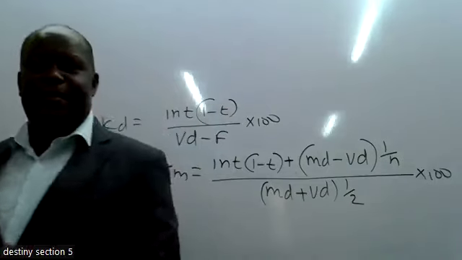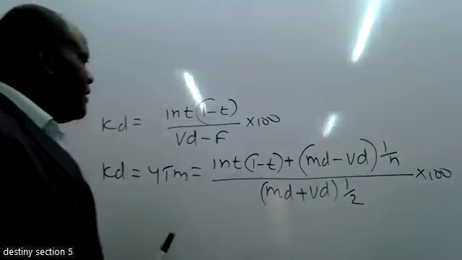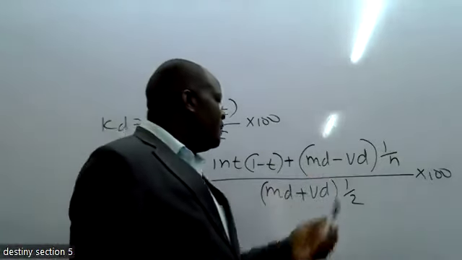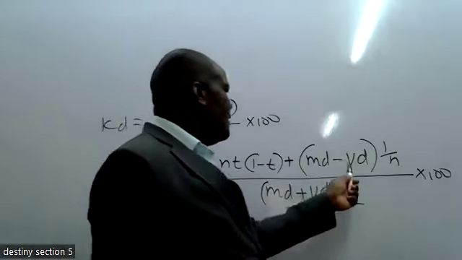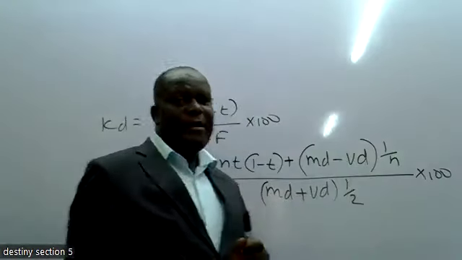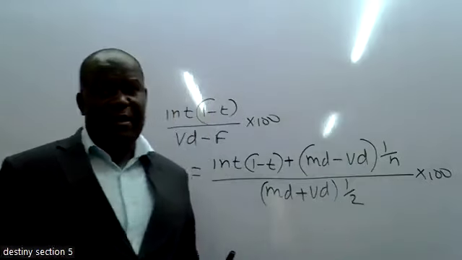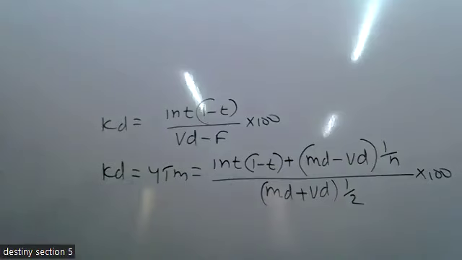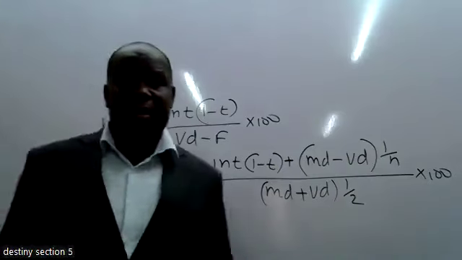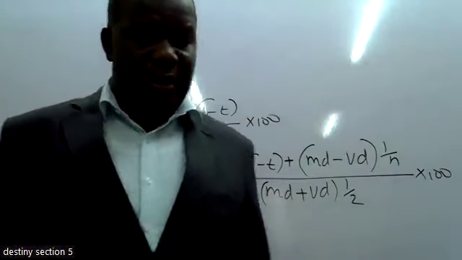N would be the maturity period. Then MD is the maturity value. Then this other one is the current value for the debenture. Then N is simply the maturity period.